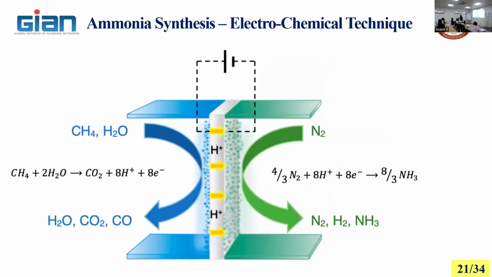Now, for ammonia from the electrochemical method, we use methane as a constituent, and by using the electrochemical method, ammonia can be formed. Along with ammonia, products like CO and CO2 will come up. CO2 combined with water vapor or steam produces carbonic acid also. That is another issue if you are dealing with hydrocarbons as fuel for producing ammonia.